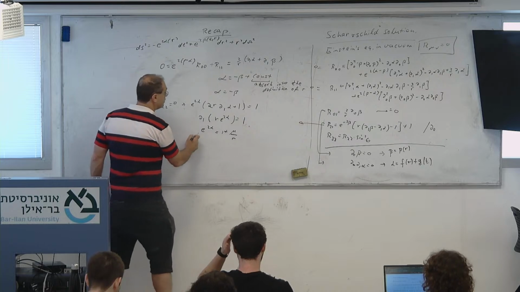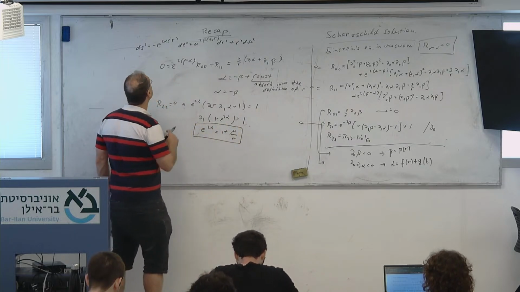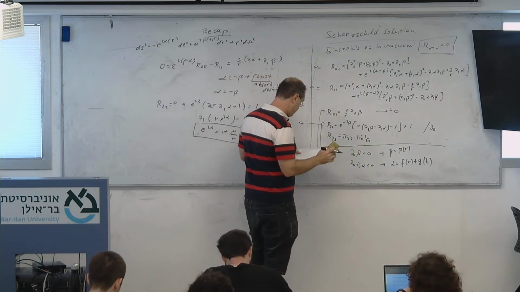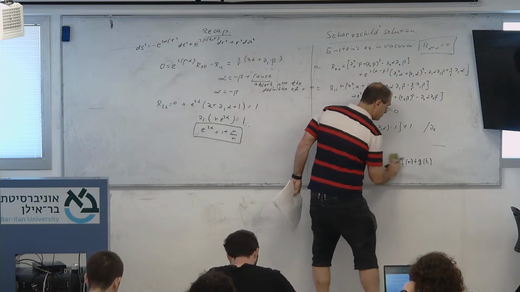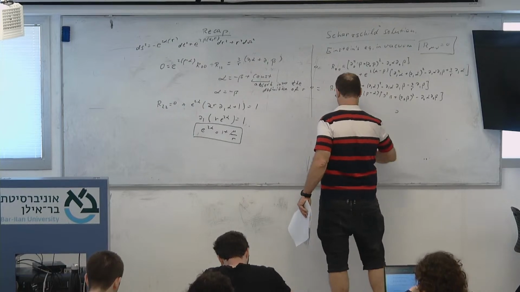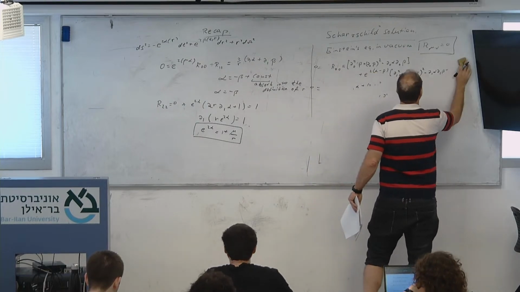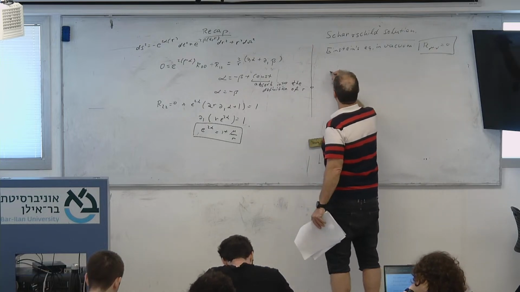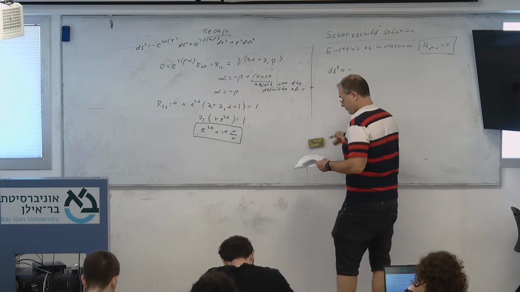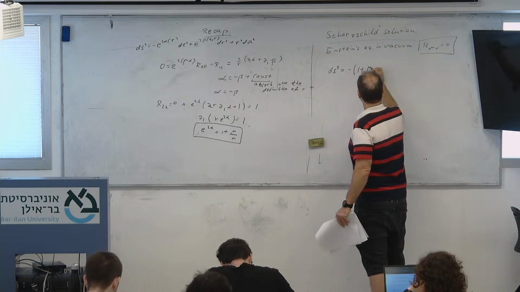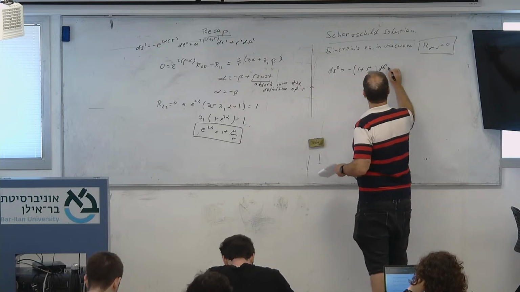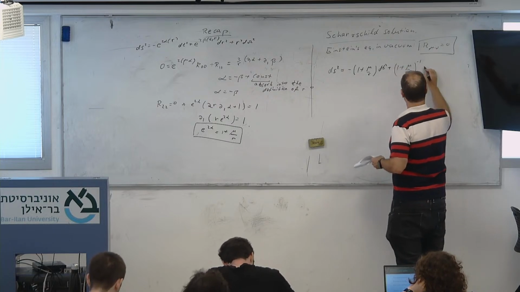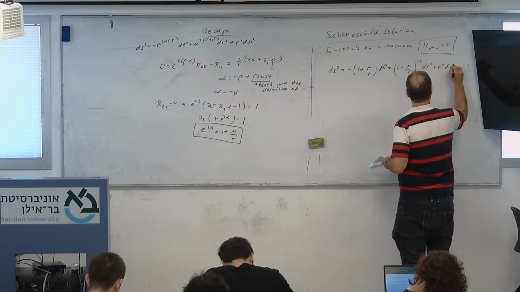So, using that insight, plug it back again in the metric, and then the metric obtains the form ds squared is minus 1 plus mu over r dt squared plus 1 plus mu over r to the power minus 1 dr squared plus r squared d omega squared.